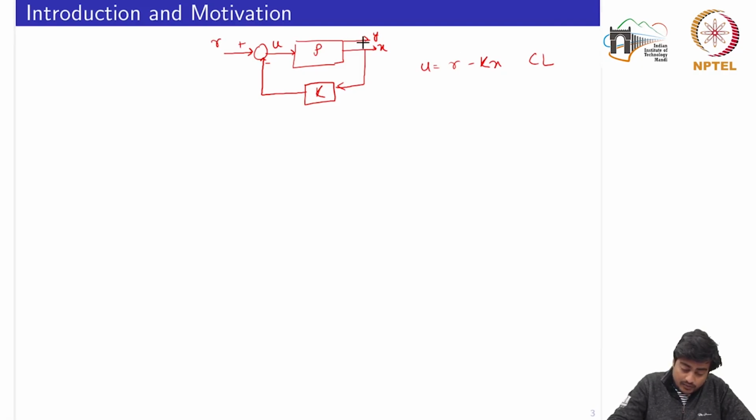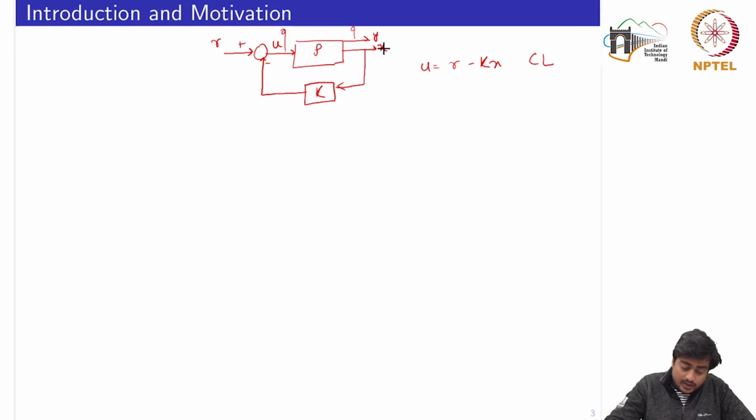We have only two external signals, meaning the signals which we can measure directly. These two signals are the input signal and the output signal. So if I still want to design the state feedback controller without using the knowledge of X, how can we do this?